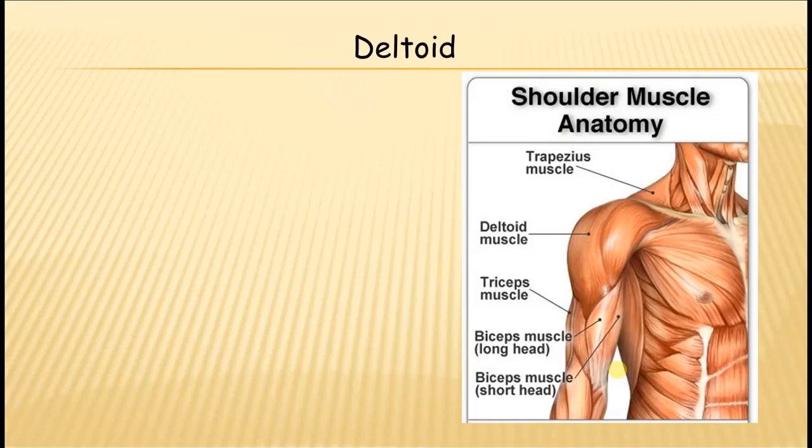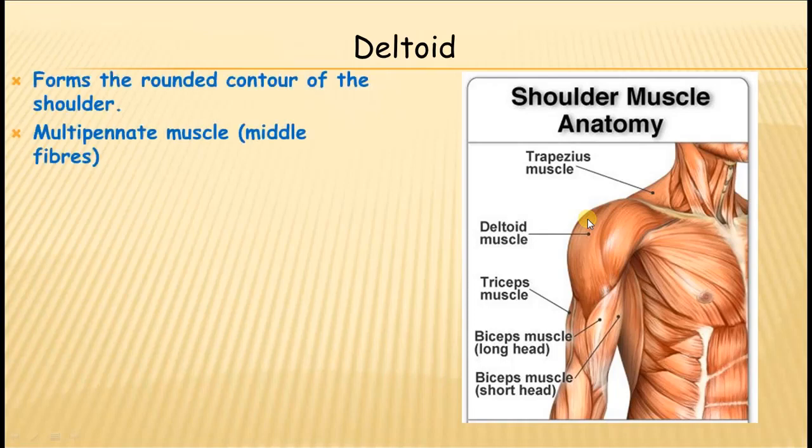one by one. So at first, what you see here is the shoulder region. Whenever we talk about the shoulder region, what comes to our mind is the deltoid muscle. So this deltoid muscle is a very powerful muscle, and mainly it covers your shoulder joint and the structures around the shoulder joint.